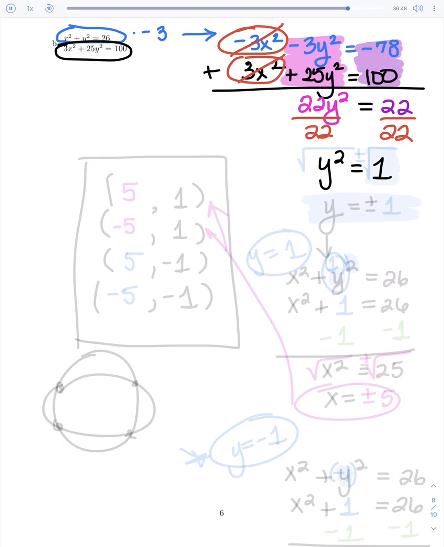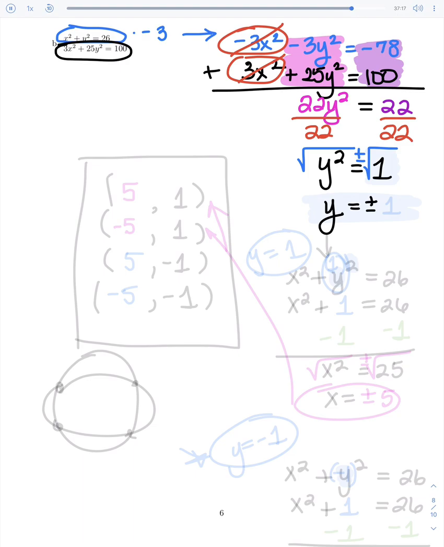The problem is now I've got y squared equals 1. Not y equals 1, y squared equals 1. Well, how do you get rid of something squared? We've done this lots of times. You take the square root of both sides, but remember, there's a catch. When you take the square root of both sides, you get a plus or minus symbol. So that gives me y equals plus or minus.